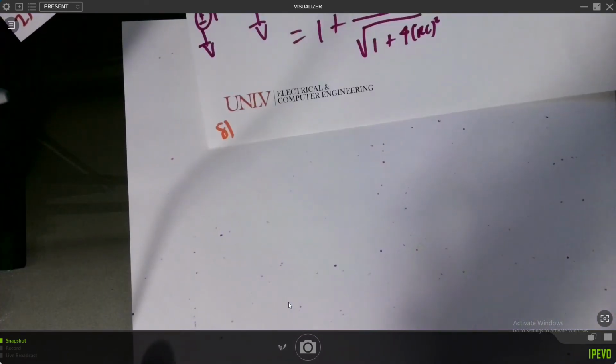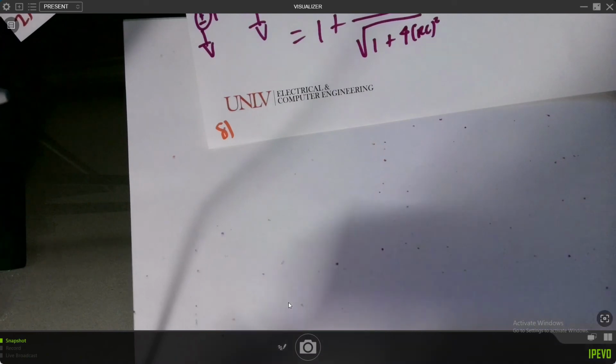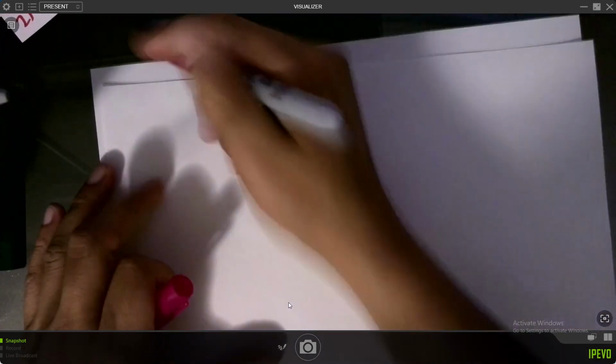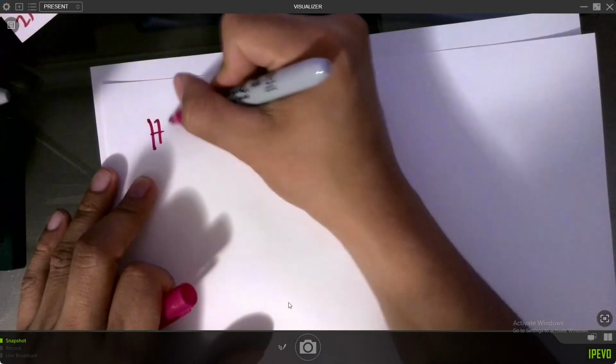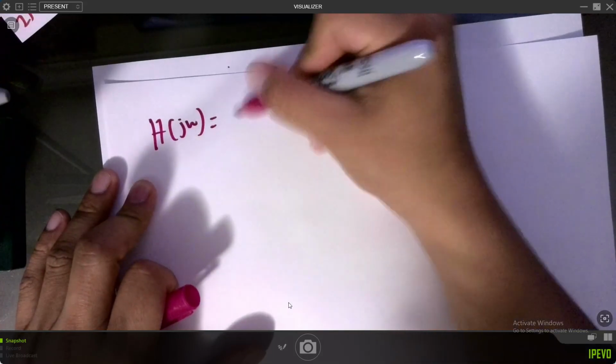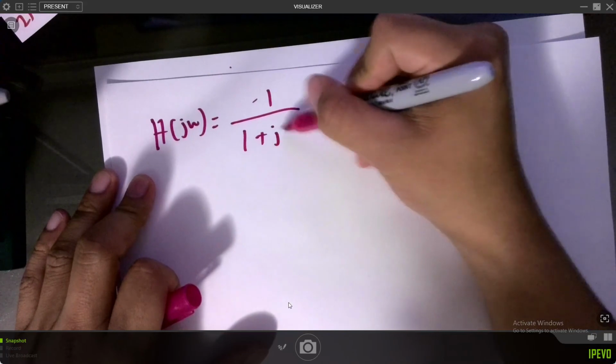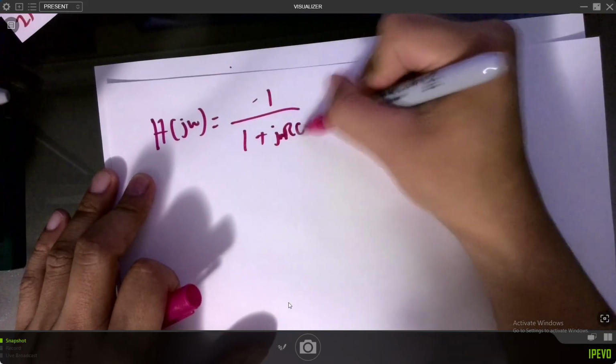There we go. Let me write everything out. Sorry if this is taking a little too long. We're at an hour. H(jω) is equal to 1 over 1 plus jωRC.